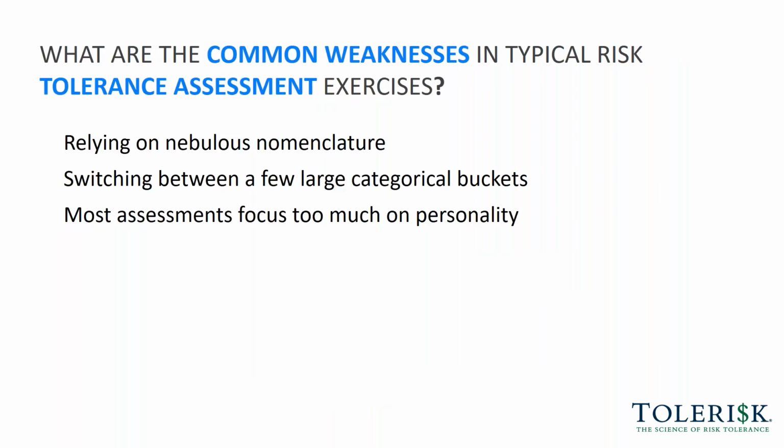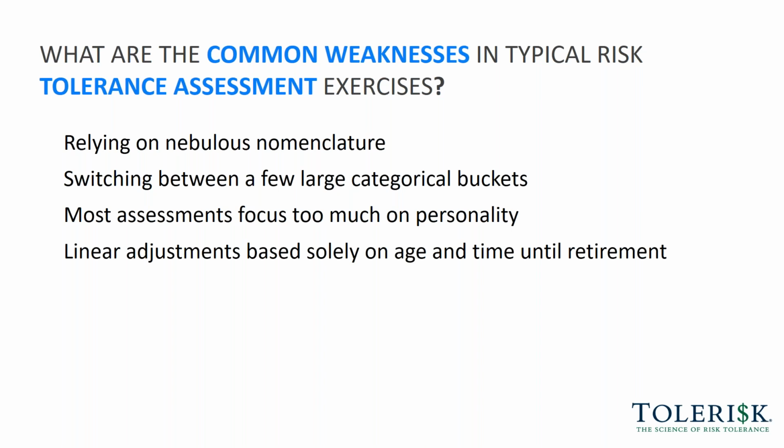So what else? Most assessments focus too much on personality. It's common that there's not enough devoted to assessing the client's ability, and when it is incorporated, there are some tools out there that will incorporate it, but on a linear basis. That presumes that you're starting with someone's personality, and if they're younger, with a greater number of years to retirement, you're adjusting their output upward.